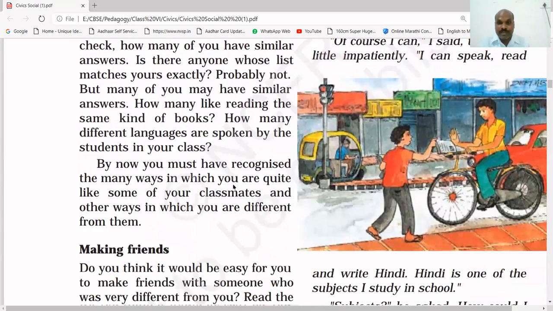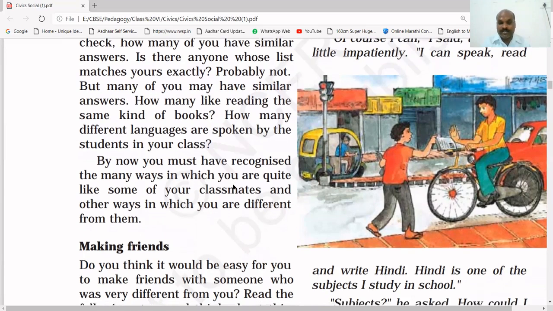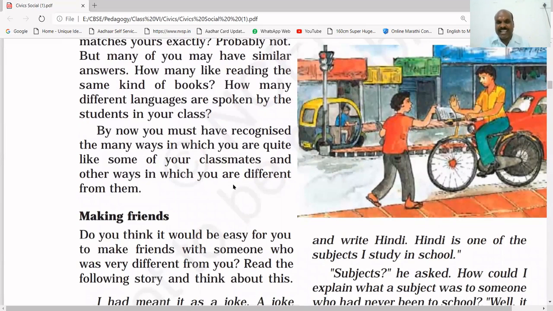All these are very important. So this is an introduction. In coming days, we will go deeper and deeper and discuss each one of the diversities that is prevailing, existing in our country.